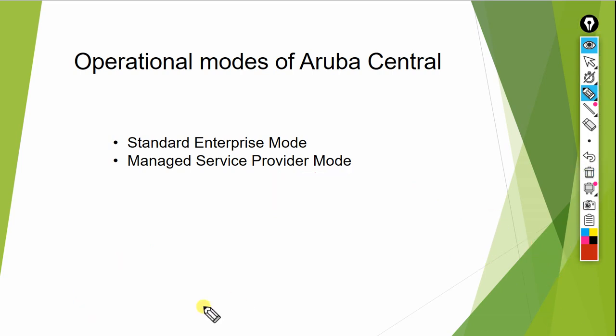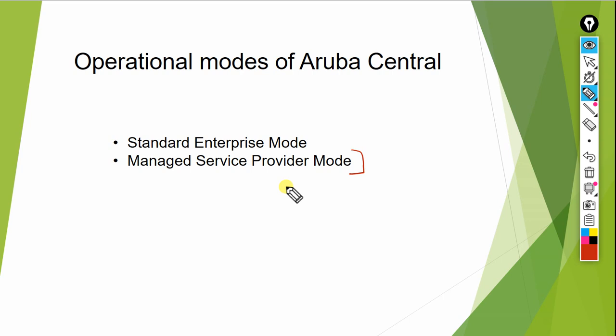Now let's talk about the MSP. MSP is managed service provider mode. This means you are a managed service provider, so you run a company which is managing multiple customer companies or multiple customer networks.